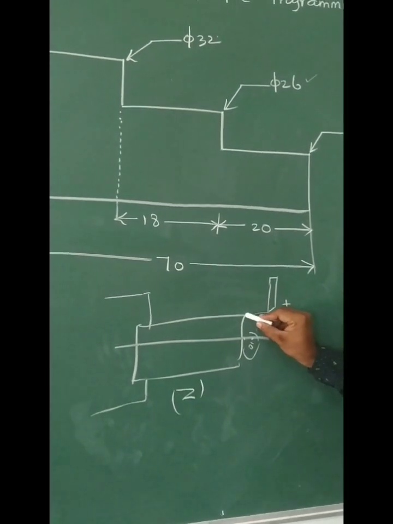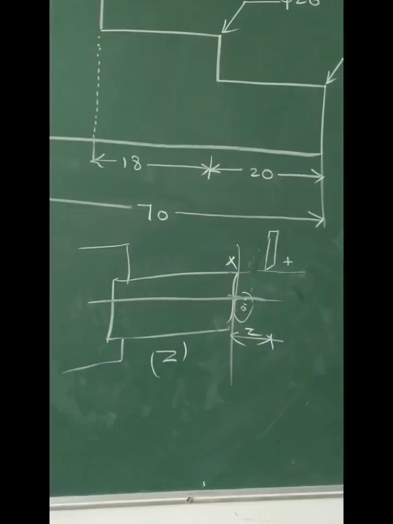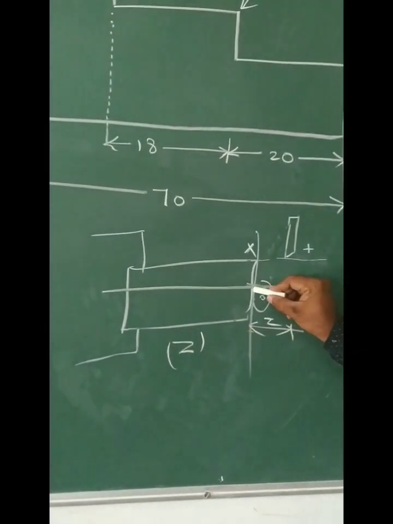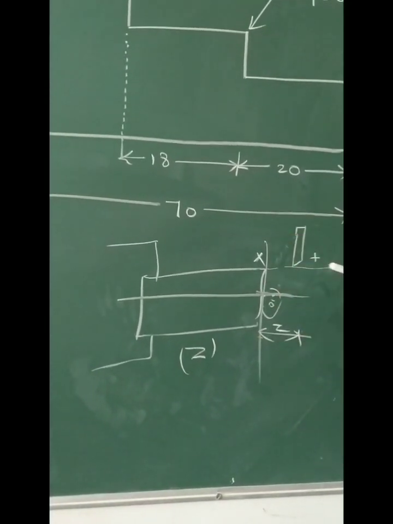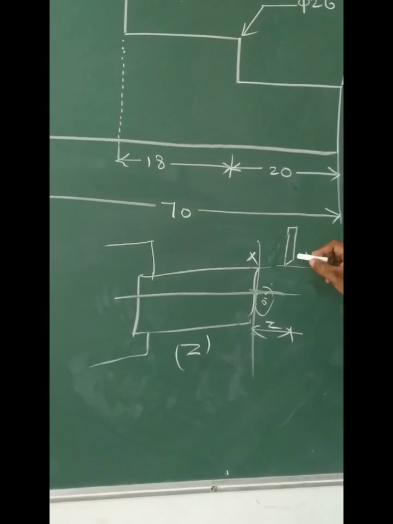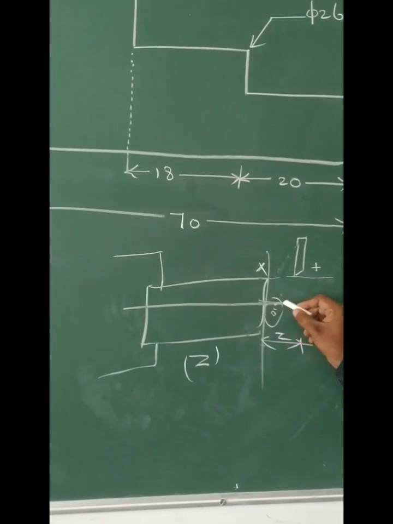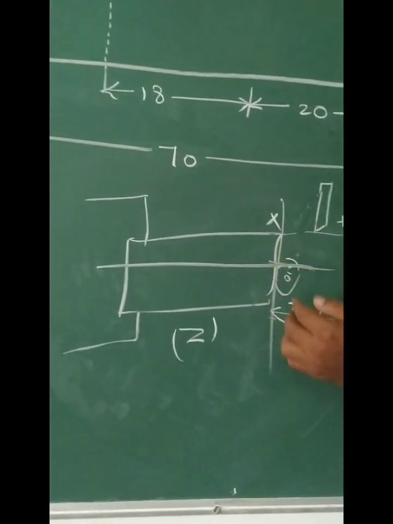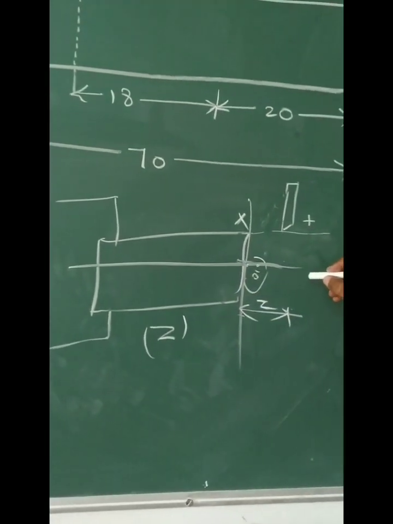Now I am going to place the tool at a certain distance from the center point. From this point to this point, Z is a positive value.